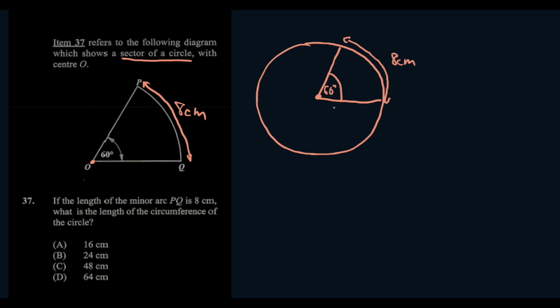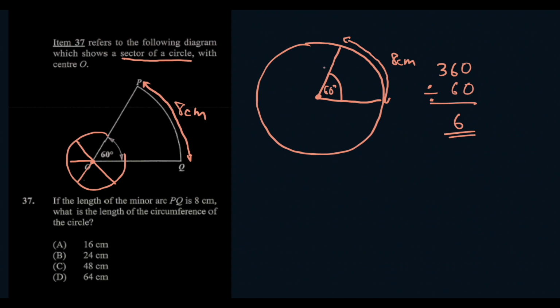Now the thing is, we need to figure out what the entire circle would be. So we need to figure out how many of these pieces can fit in a circle. If a circle is 360 degrees and this is 60, how many times can that go? It looks like it could go 6 times, right? Because 360 divided by 60 is 6.